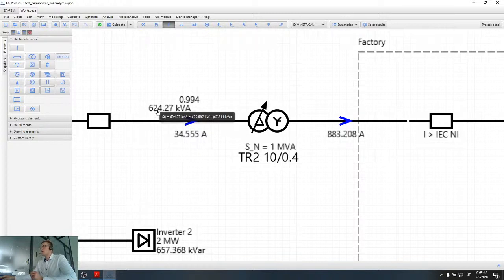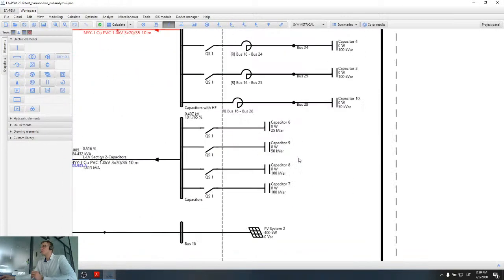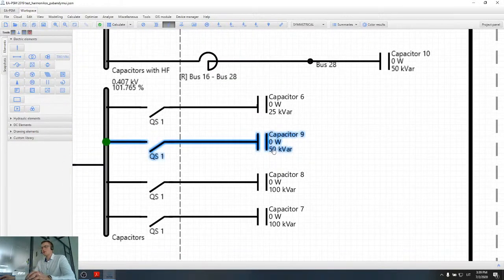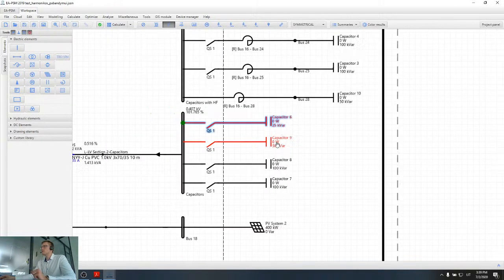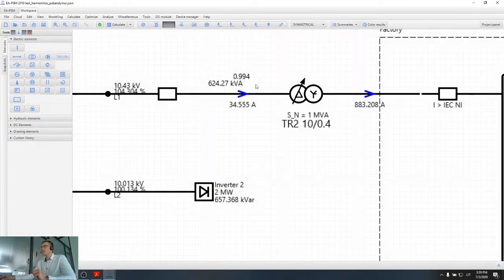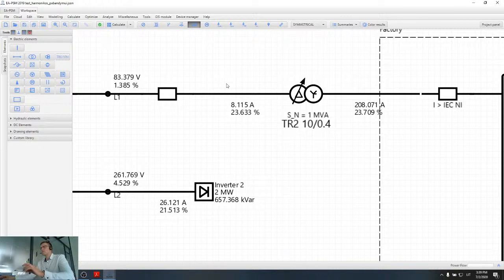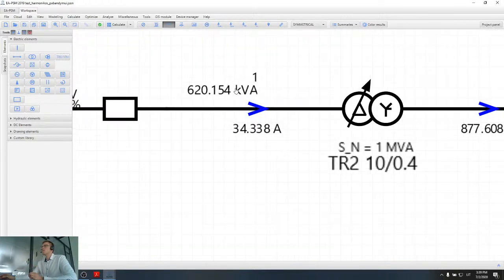The active power is 620 kilowatt and the reactive power is minus 67. So actually I can reduce the capacitive power a little bit. I will disconnect this capacitor and maybe this capacitor to reduce overcompensation, and I will calculate the power flow again.